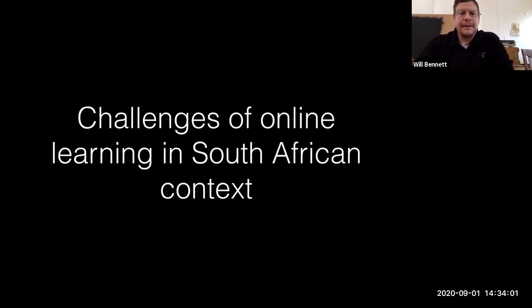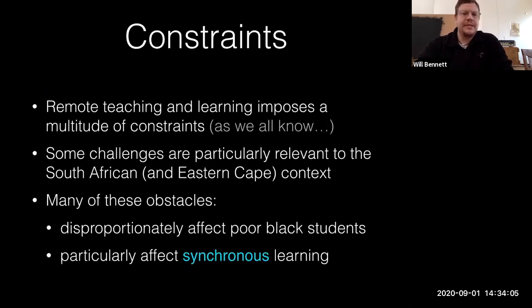Okay, so what are the challenges? Well, we know that there are a multitude of constraints imposed by remote teaching and learning. We also know that some of these obstacles are particularly relevant for students of the sort that Rhodes University has a lot of.